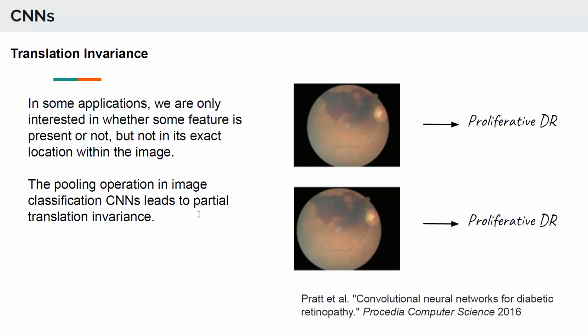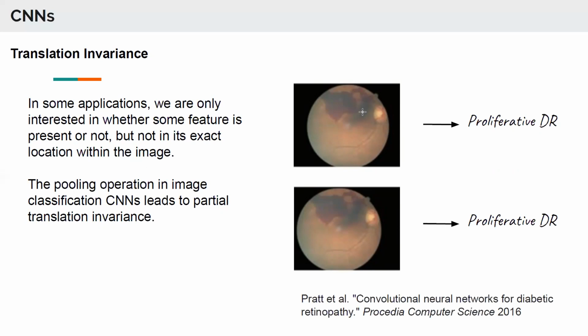This is because in the pooling operation, we are essentially aggregating information and reducing the dimensionality of the region. So what happens is if I have a certain activation in a certain region, I am going to lose that spatial information when I do a max pooling operation, for example.